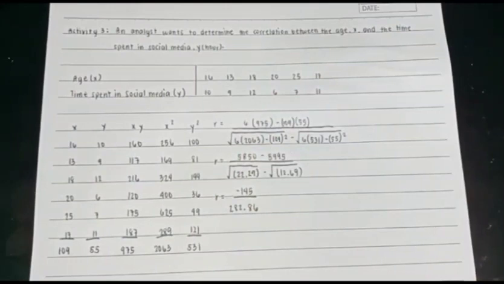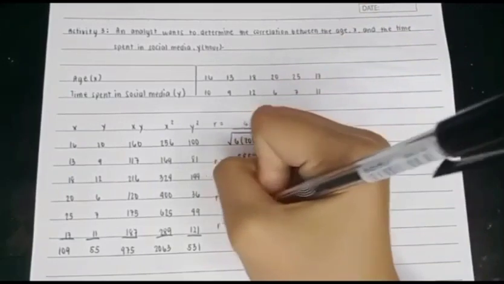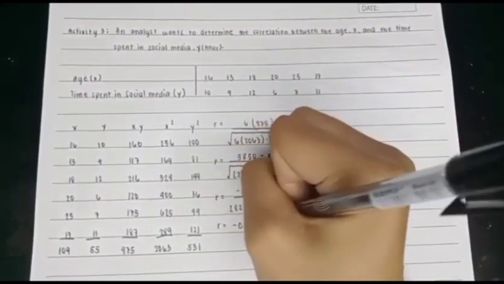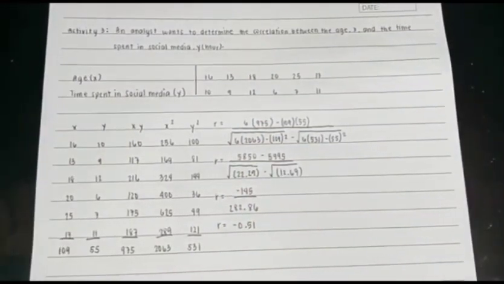To get our final answer, we simply divide negative 145 to 282.86, and our final answer is negative 0.51. And ayan, nakuha na natin ang final answer.